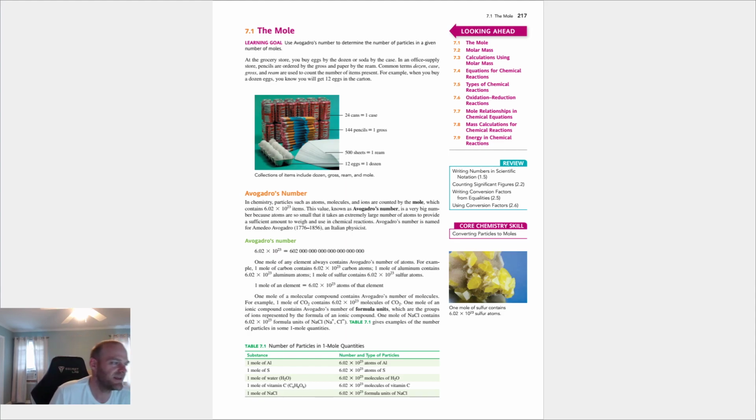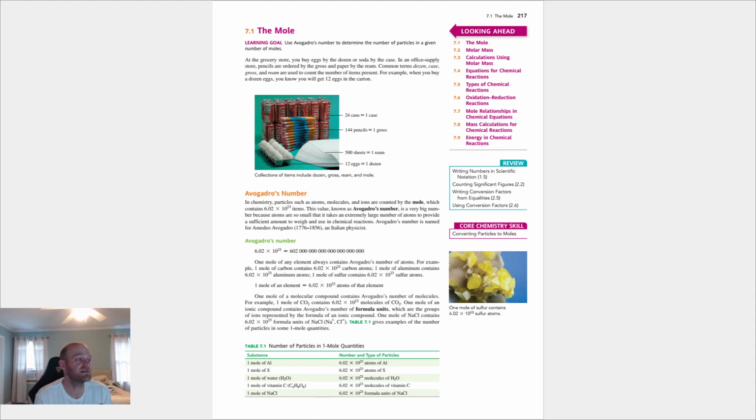It's difficult to deal with, and as I said, we use scientific notation to reduce the amount we have to write, but sometimes dealing with numbers so large like this in every case would just be impossible. So they've come up with moles, all right?